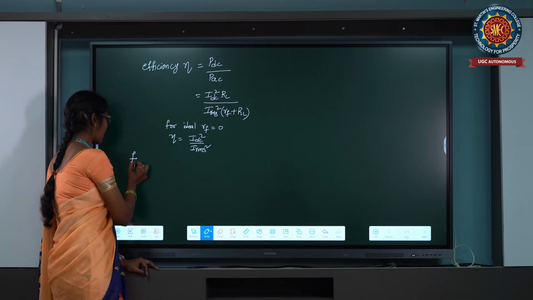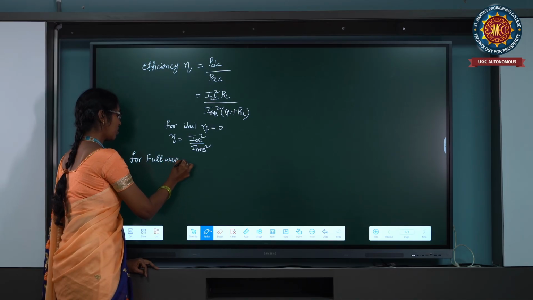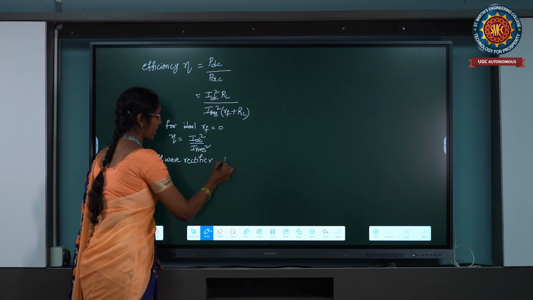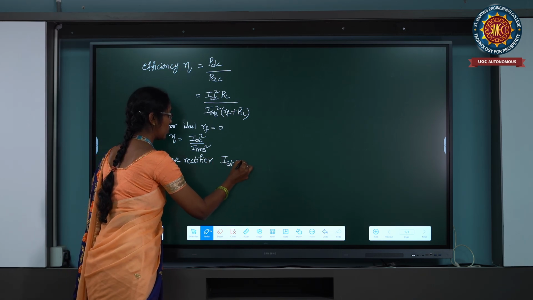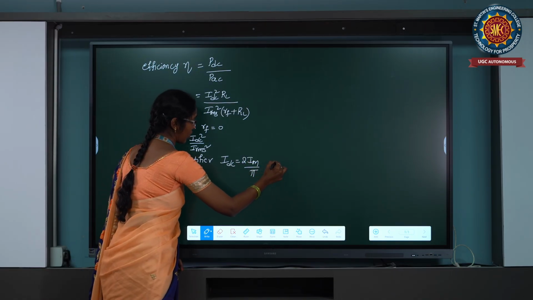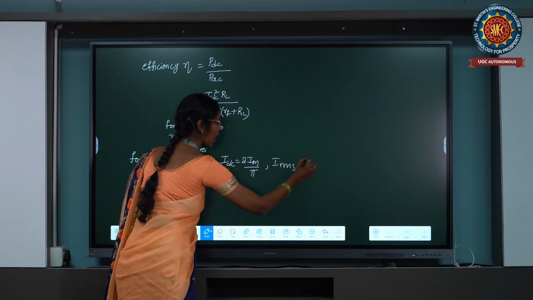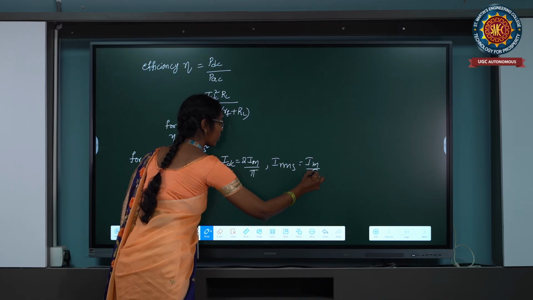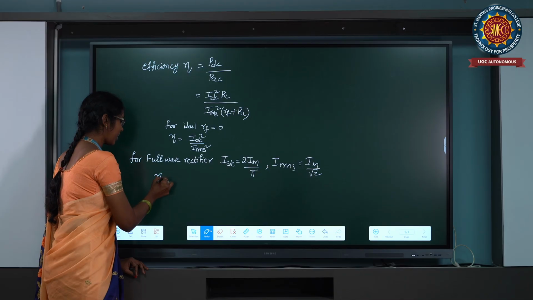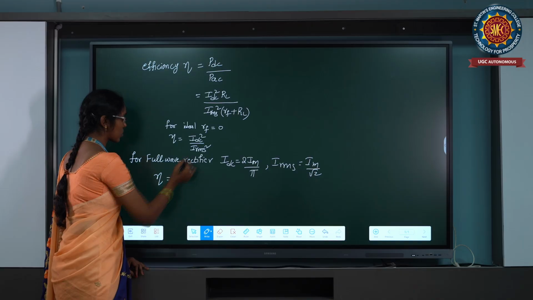For a full wave rectifier, average value of the current IDC is equal to 2 Im by pi, and root mean square value of the current IRMS is equal to Im by root 2. So we have to substitute these two values in the above formula. Then efficiency eta is equal to IDC by IRMS whole square.